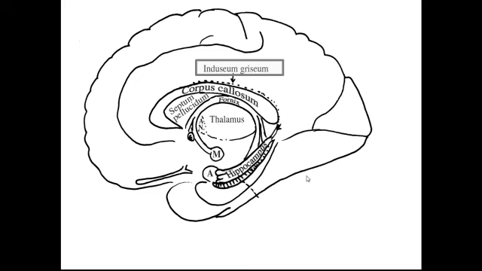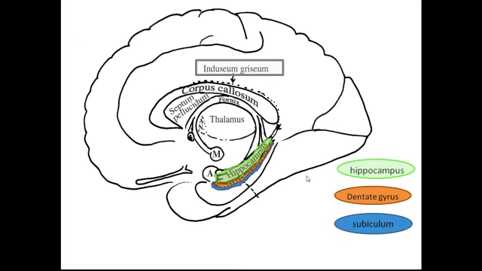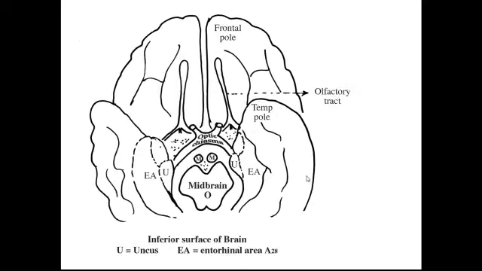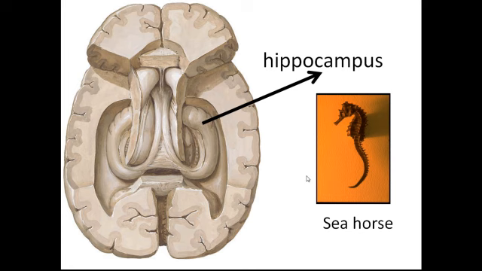Now I proceed forwards to the temporal lobe, where I will find the hippocampus, dentate gyrus, subiculum, and the entorhinal area. The entorhinal area can be seen clearly on the inferior surface of the brain, just anterior to the parahippocampal gyrus. The word hippocampus is Latin for seahorse, because it resembles the seahorse.